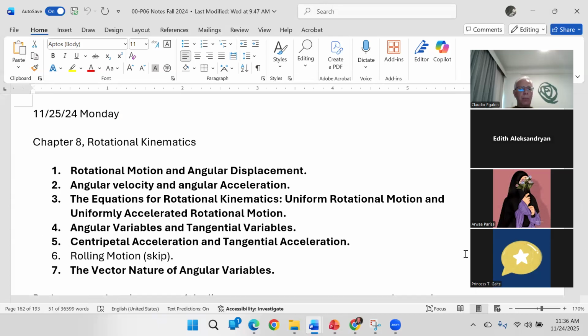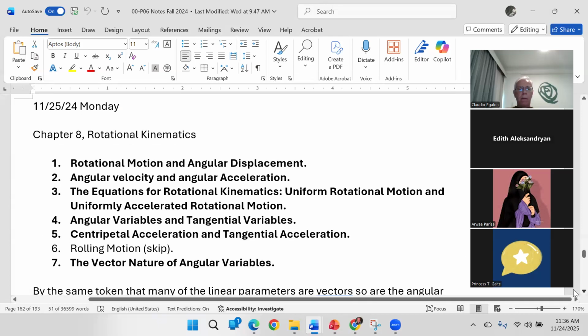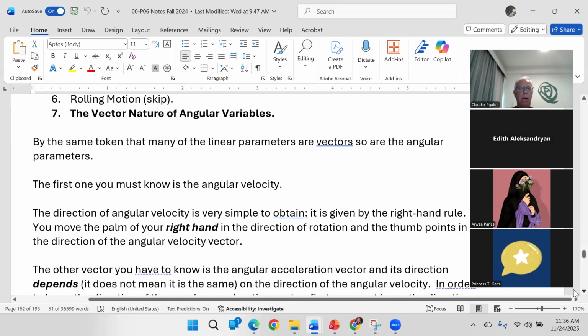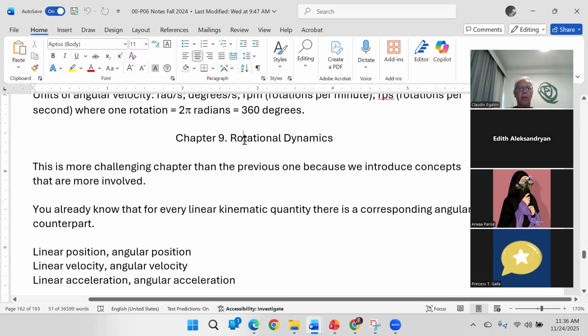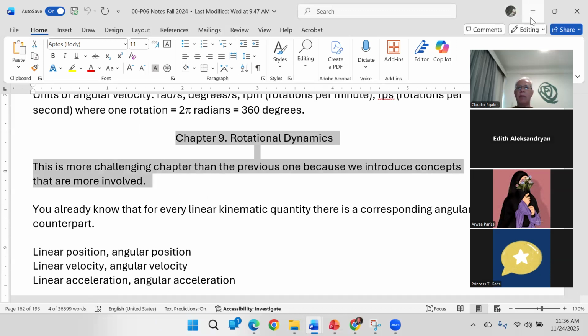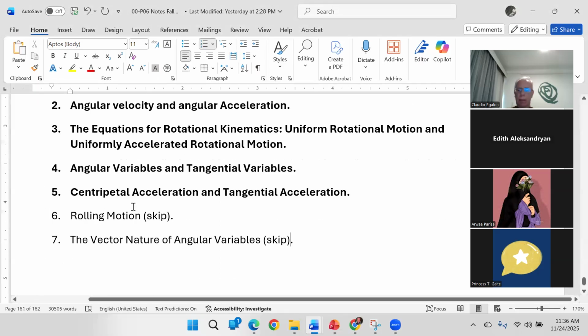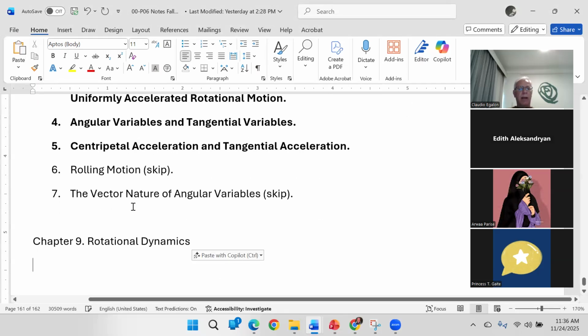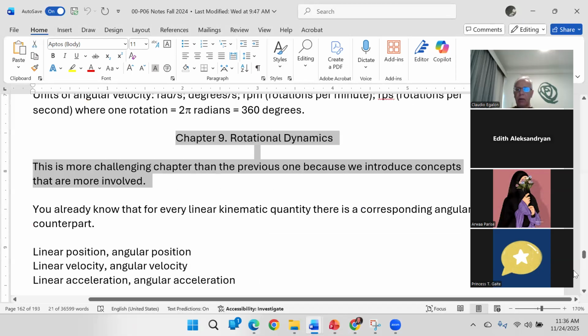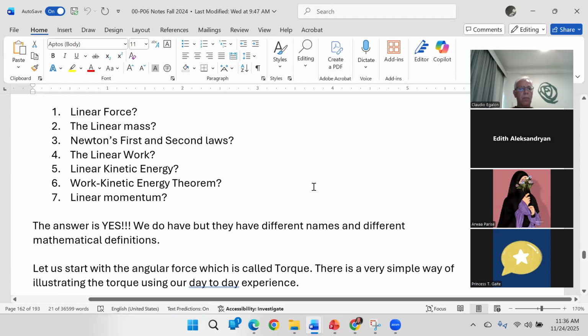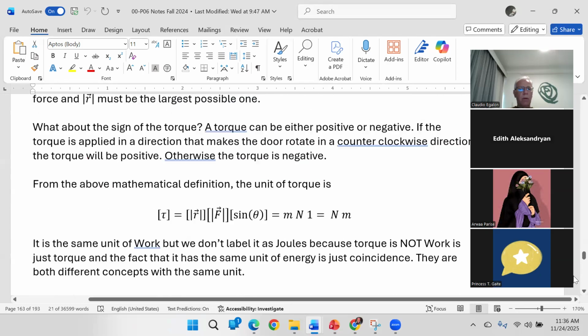And now chapter 9. Let's start with chapter 9 now. Rotational dynamics. We did rotational kinematics, and now we're going to do rotational dynamics. And let's take a look at the sections of this chapter.